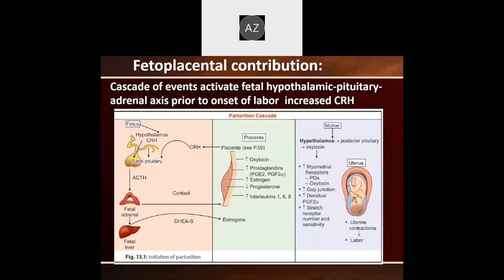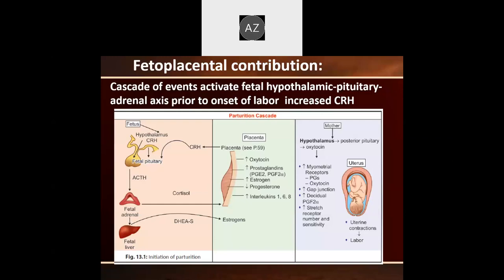And then from the mother, the hypothalamus, the posterior pituitary is going to increase oxytocin production. Now, oxytocin is going to increase myometrial receptors because the production of oxytocin is via a positive feedback loop.